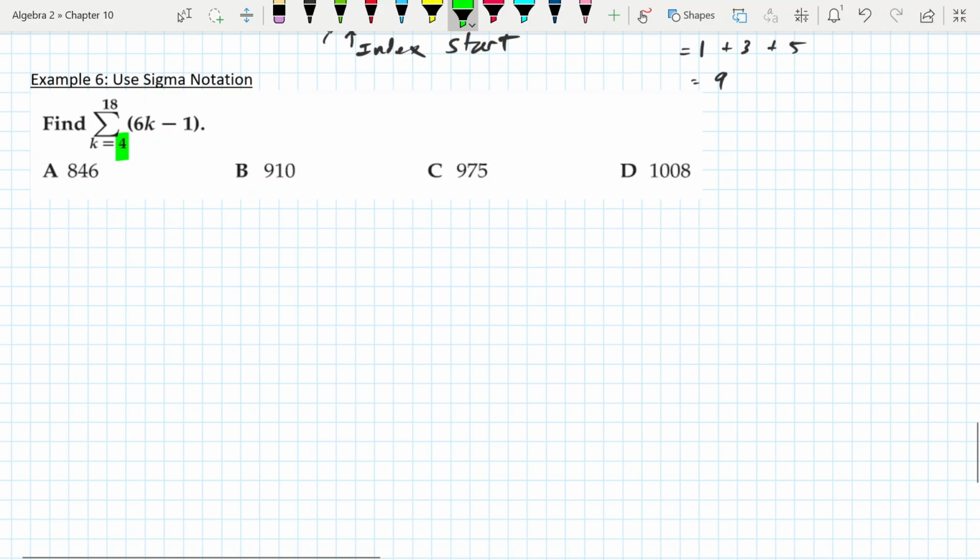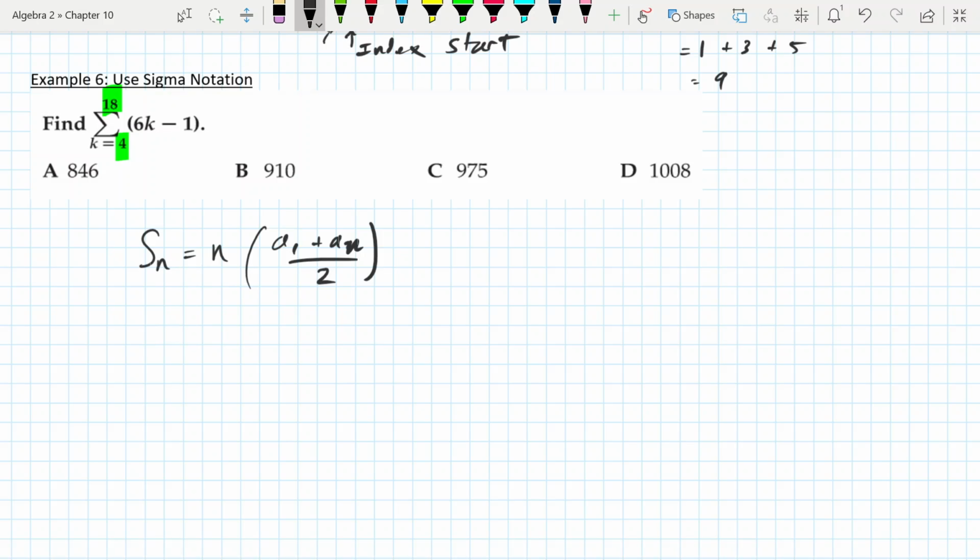We're going to start at k equals 4, and we're going to end at 18. So if I want to know what the partial sum of something is, which is the same thing that the sigma notation does, I need to know how many terms, and I need to know the first and the last terms of the series so I can cut it in half.